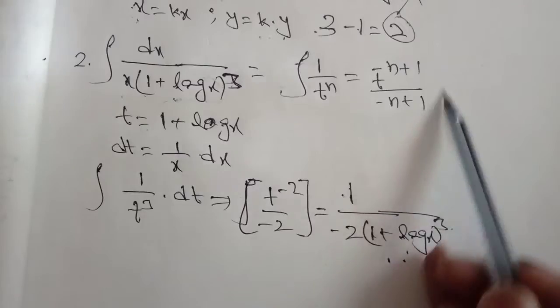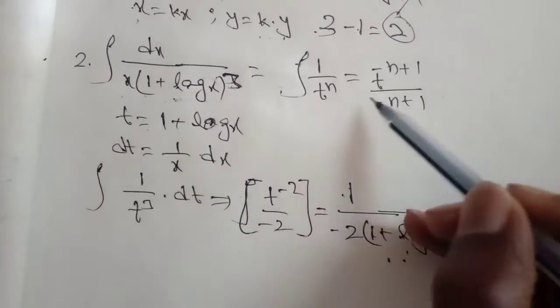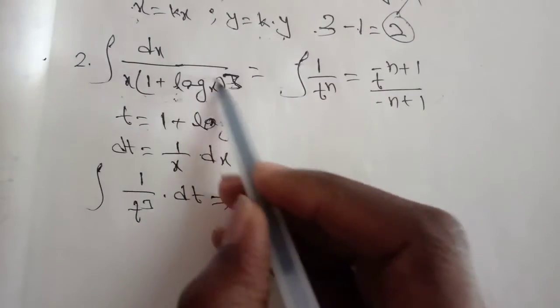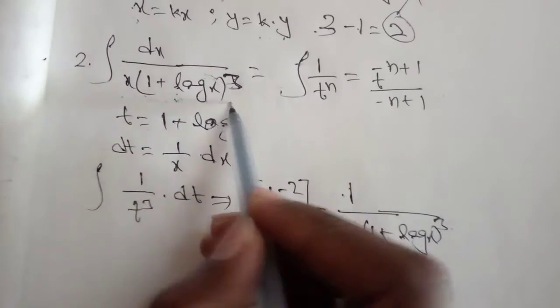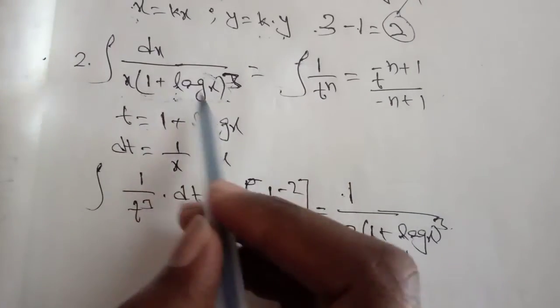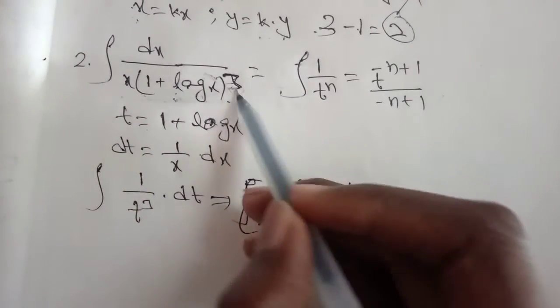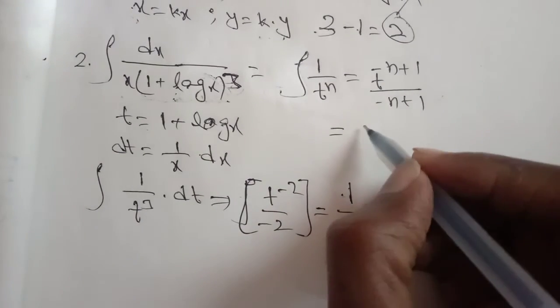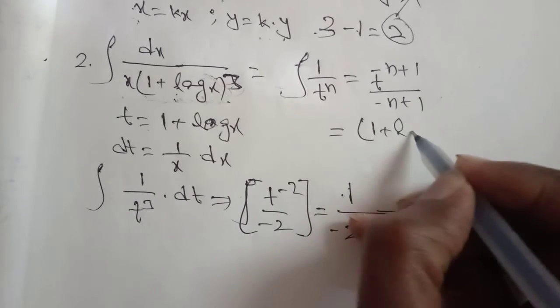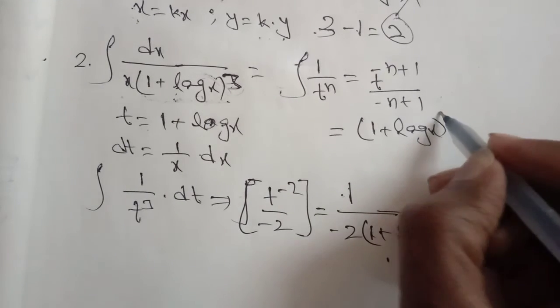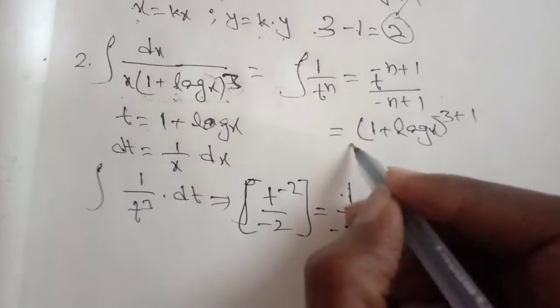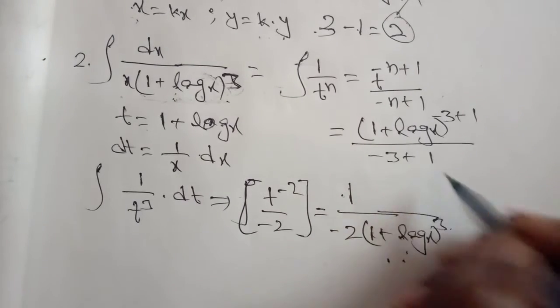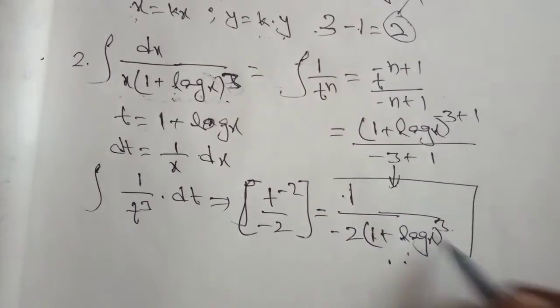Considering this formula, you can directly plug in the values: t becomes this total bracket term, and n becomes 3. So if we write, it becomes (1 plus log x) power minus 3 plus 1 by minus 3 plus 1. It will give the same value.